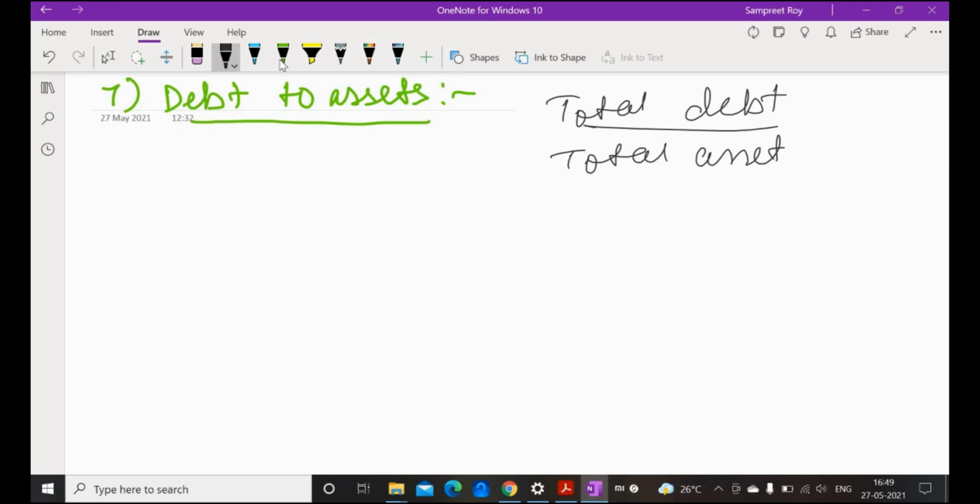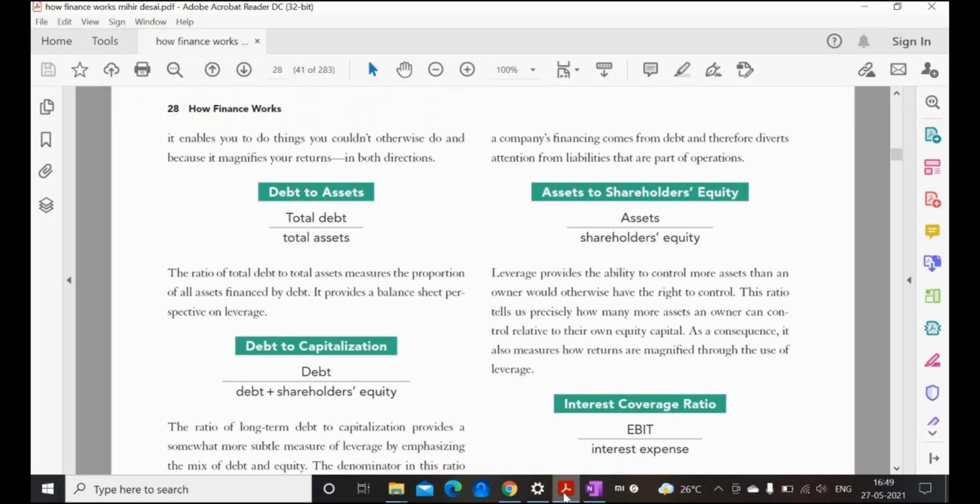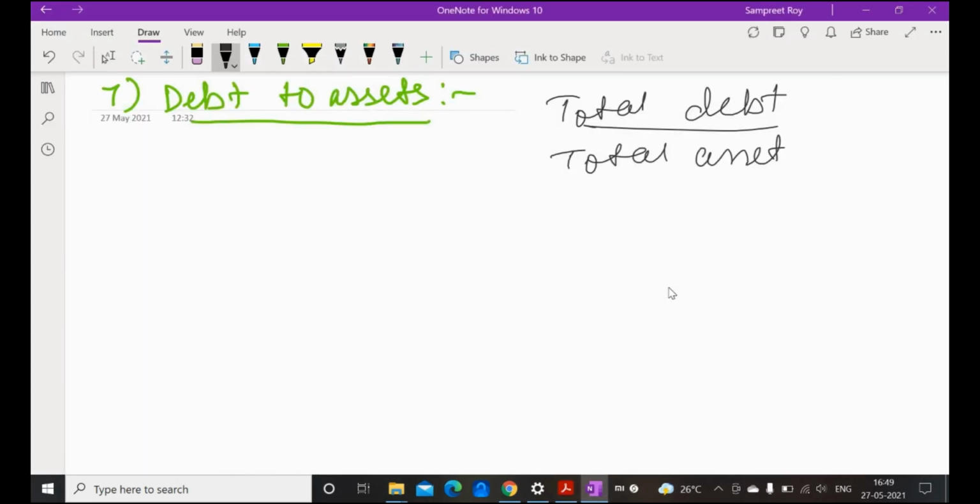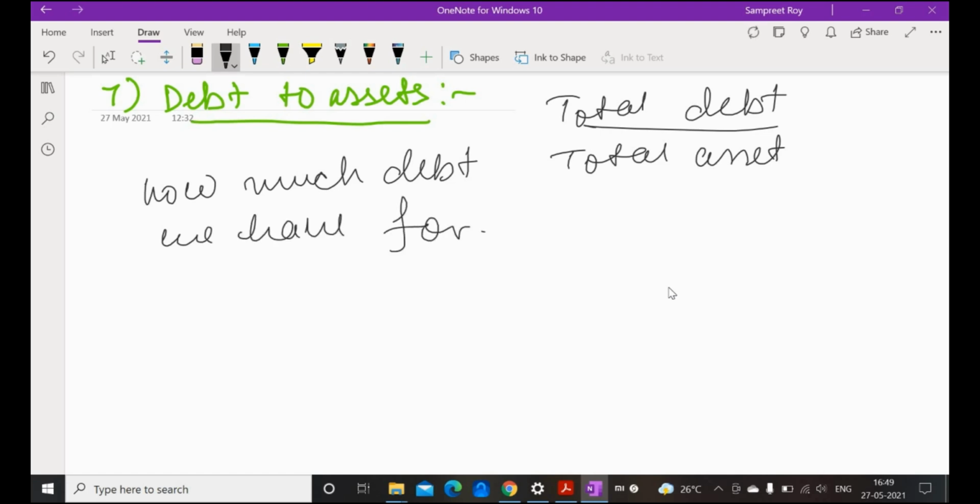Total debt by total assets. The debt to asset ratio is given by total debt by total assets. Now, as we can see, this ratio indicates how much debt we have for every unit of asset.